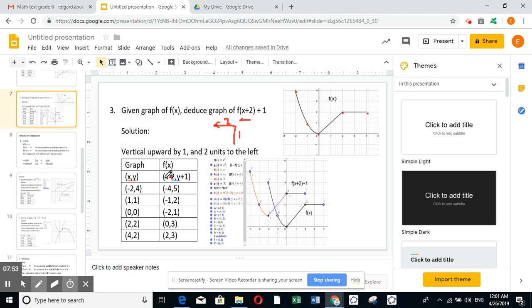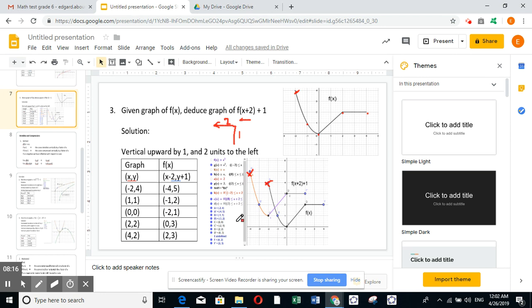If you replace x by minus 2, you have minus 4, and 4 plus 1 is 5. So this point, minus 2, 4, let me take it here, its image will be minus 4, 5. This is its image. And the image of this point 1, 1 that I have here will be minus 1, 2.